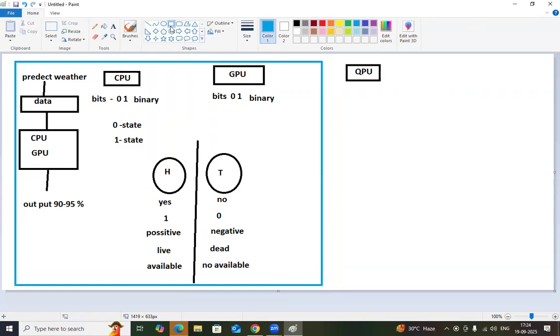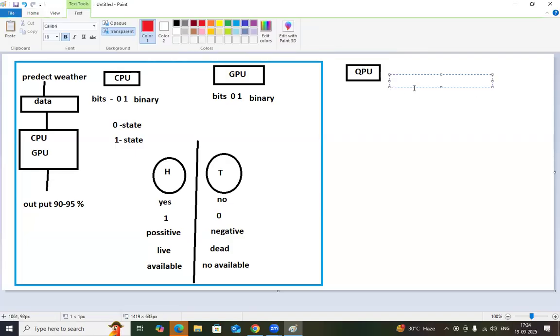But coming to the QPU, the quantum processing unit, this is an emerging technology. What is this quantum processing unit available with?